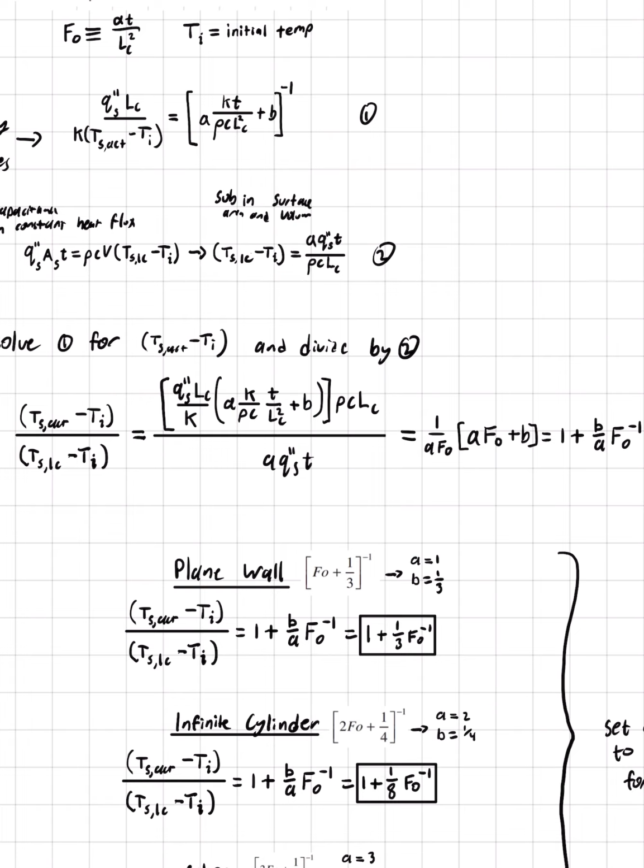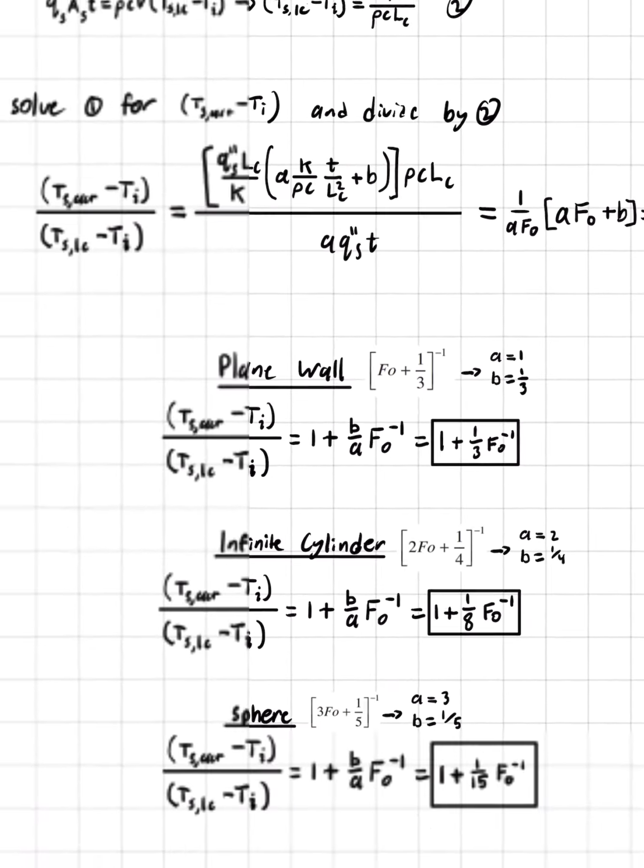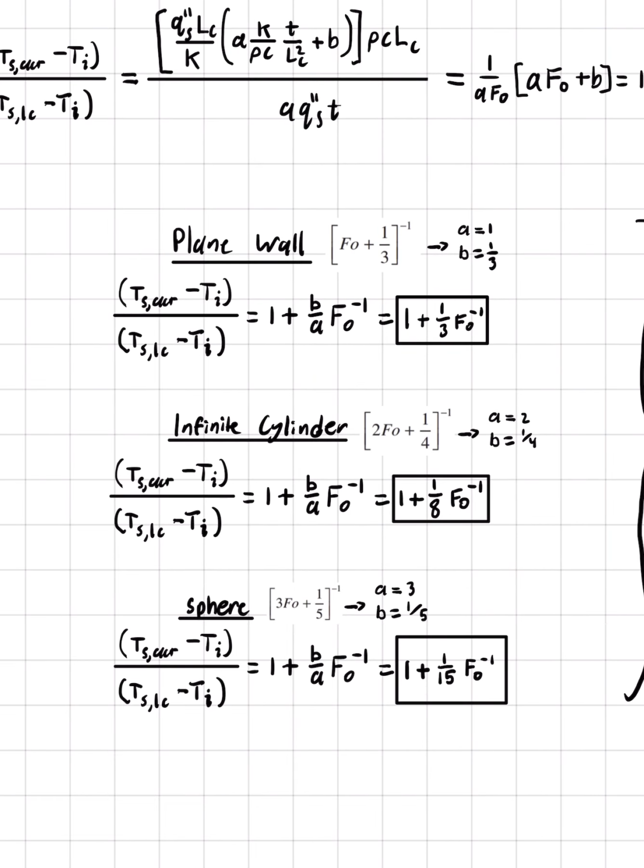Simplifying, you get 1 over A times the Fourier number times A times the Fourier number plus B, which simplifies to 1 plus B over A times the inverse of the Fourier number. This is the general equation we're going to use for the rest of the question.